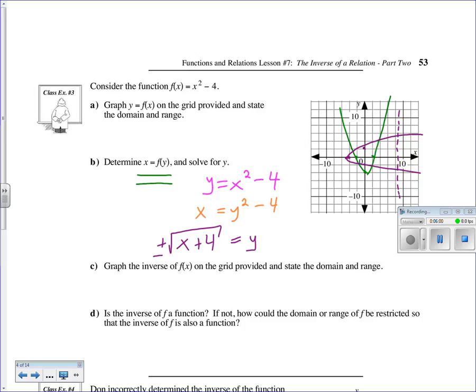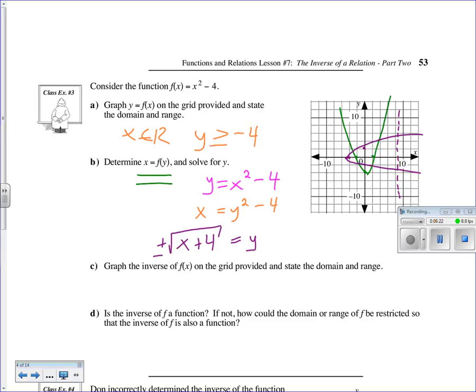I need to state the domain and range of what I was working with. Originally, the green graph has a domain, so x values, x can be anything. x is an element of the reals. y was greater than or equal to negative 4.